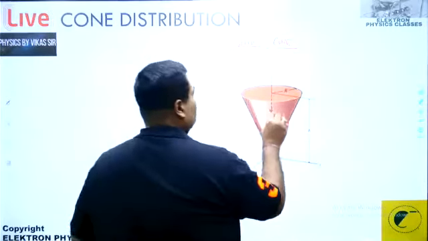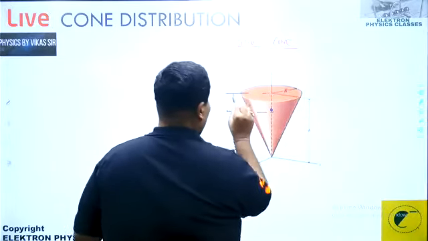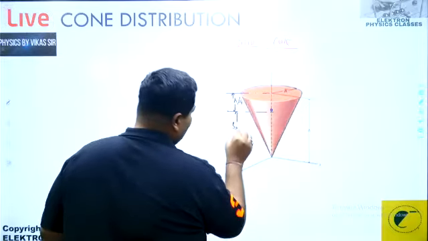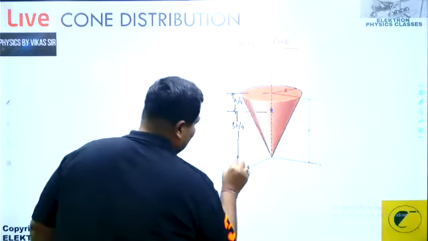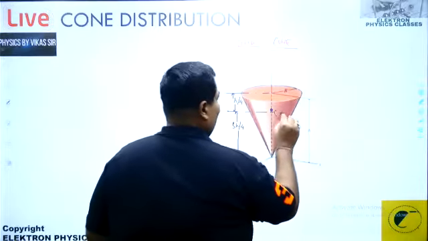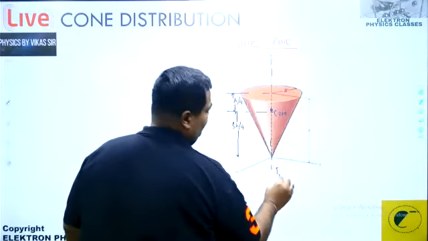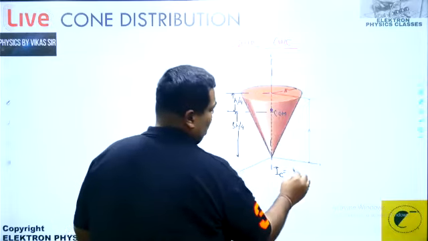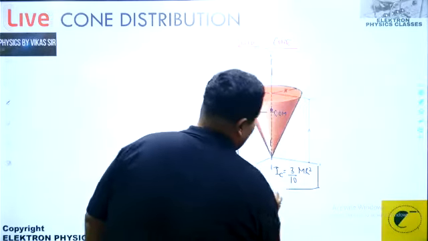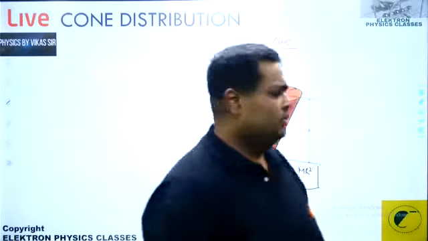This time it lies at a distance of h by 4 from the base and 3h by 4 from the vertex. Since it is the COM, this is an axis passing through it. The moment of inertia about this centroidal axis is 3 upon 10 of mr square. That's the value for the solid cone.